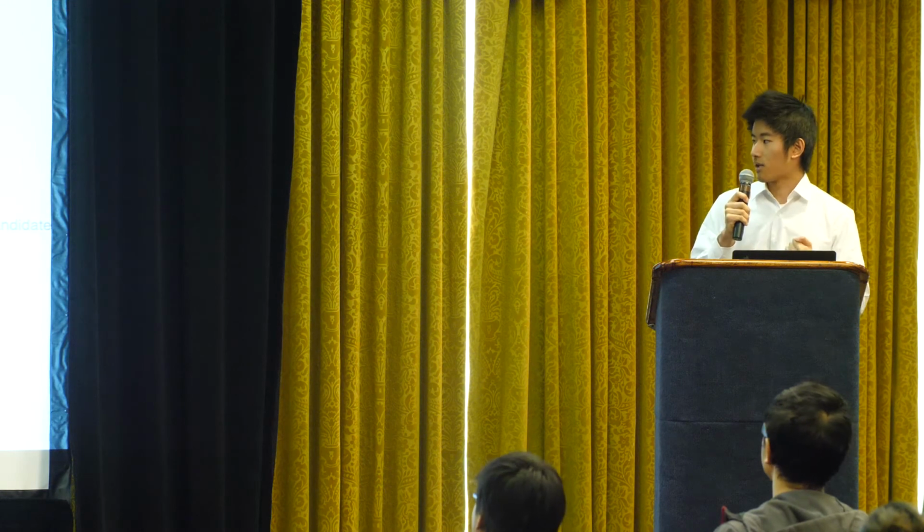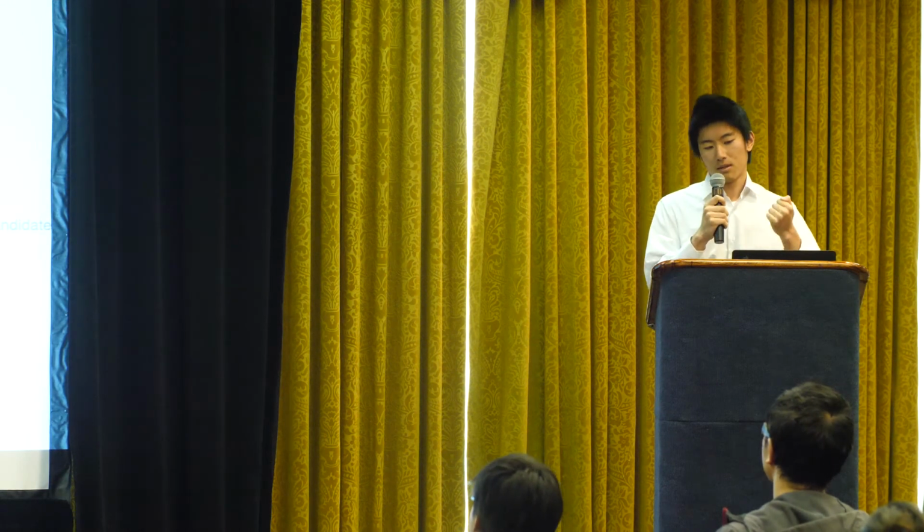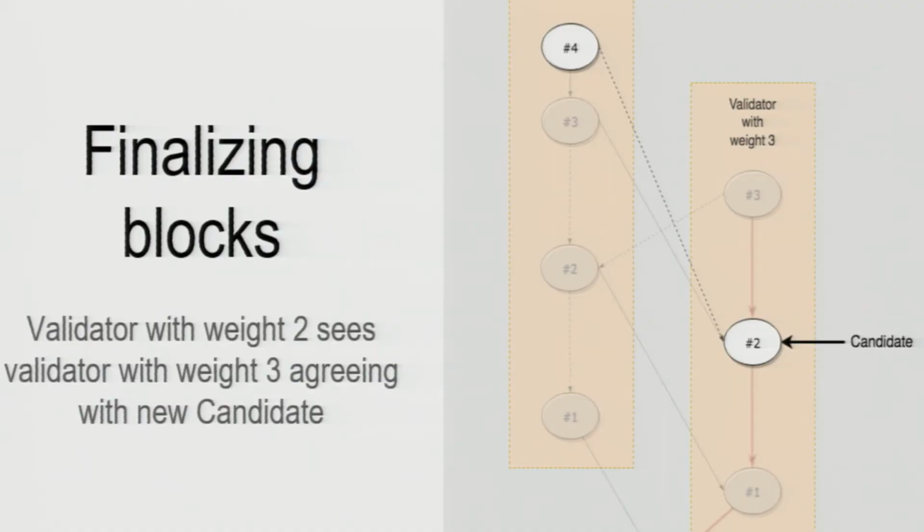So this is the first check, and this time the latest block, in terms of the left validator looking at the right validator, is the candidate block. So that's indeed an agreement.